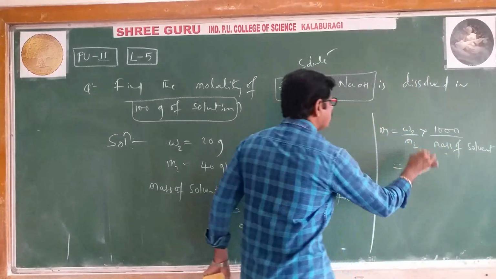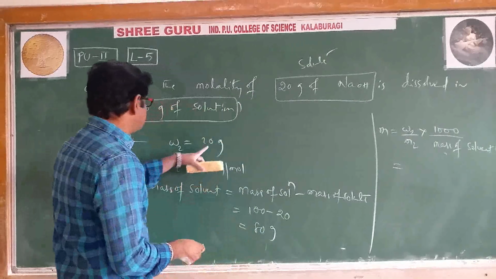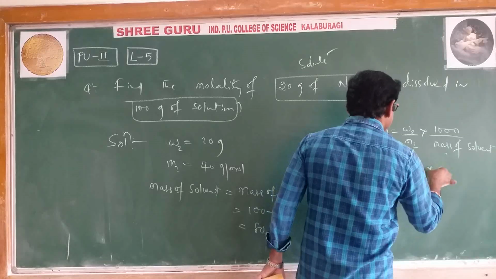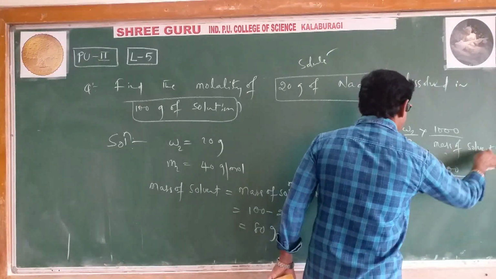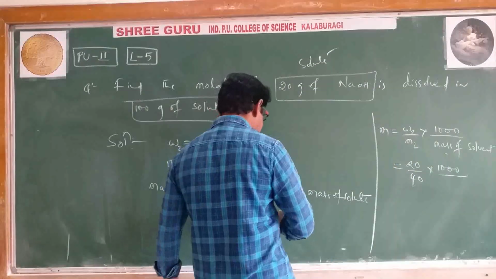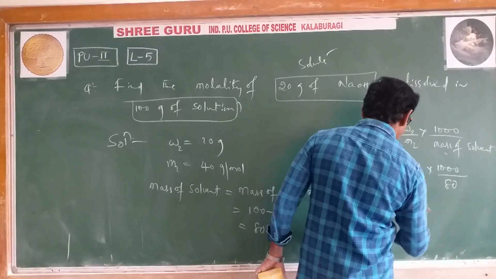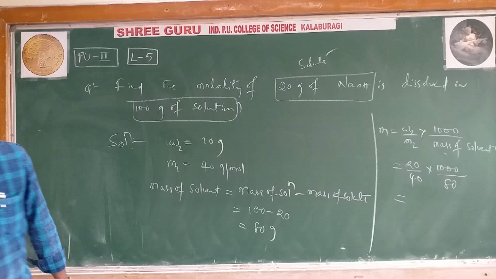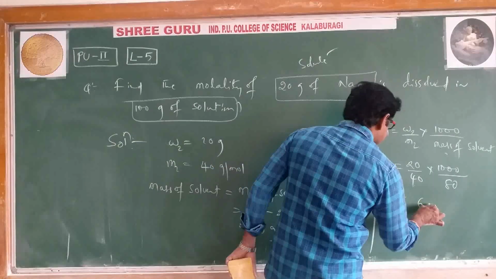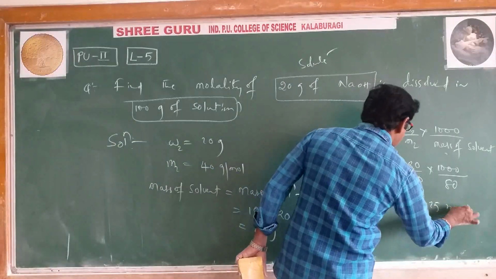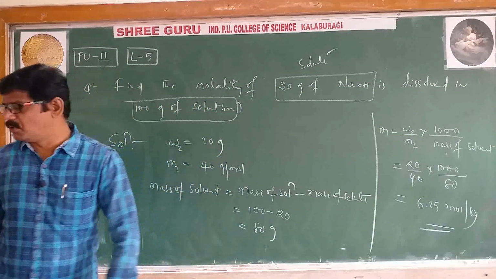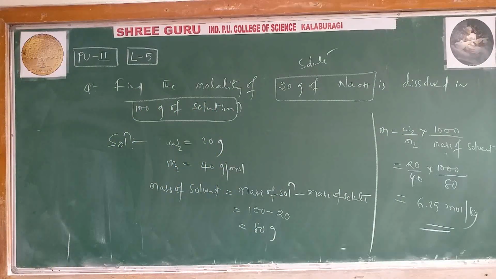W2 is 20, divided by 40, into 1000, divided by the mass of solvent, which is 80. If you do the simplification, you will get 6.25 mole per kg, or 6.25 molal. Molal is the unit.